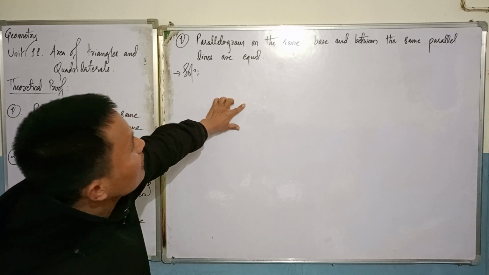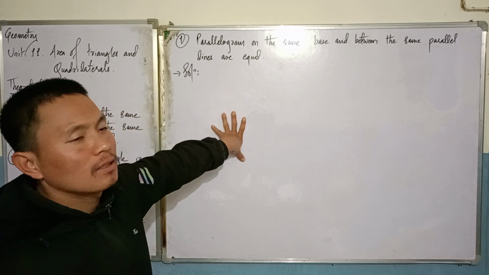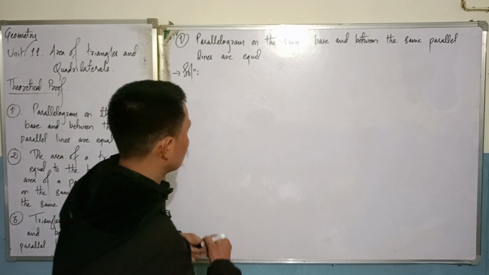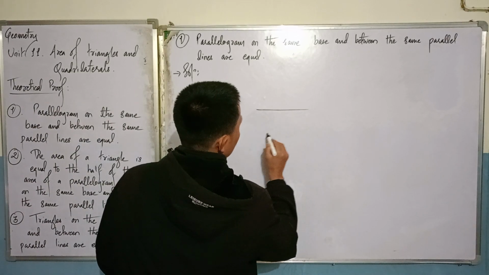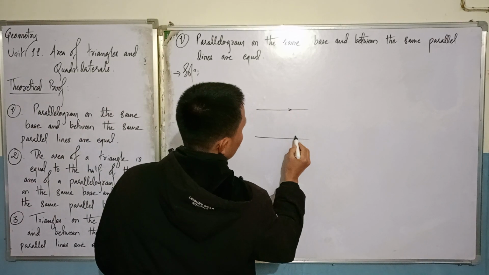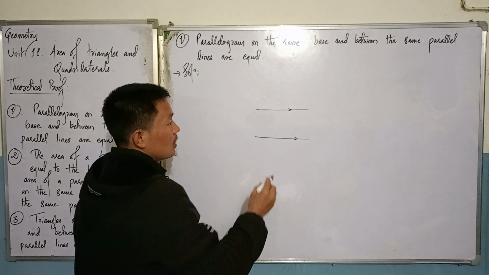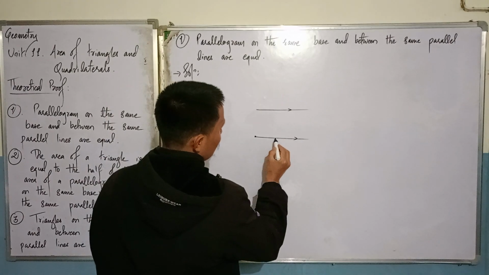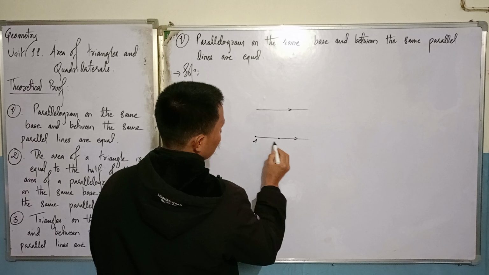Parallelograms on the same base and between the same parallel lines are equal, which means suppose there are two parallel lines, and there is one base AB.